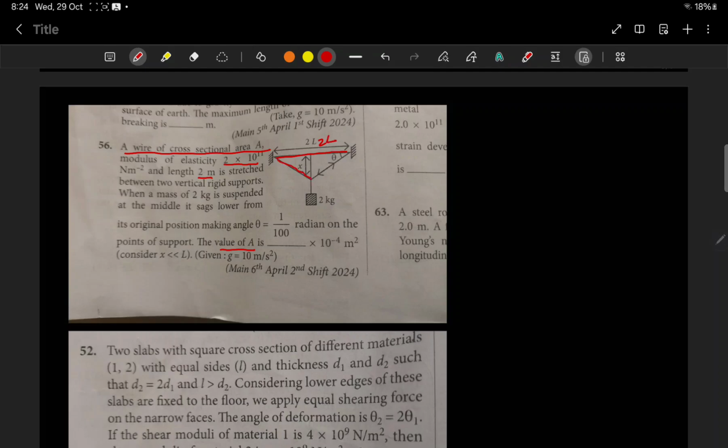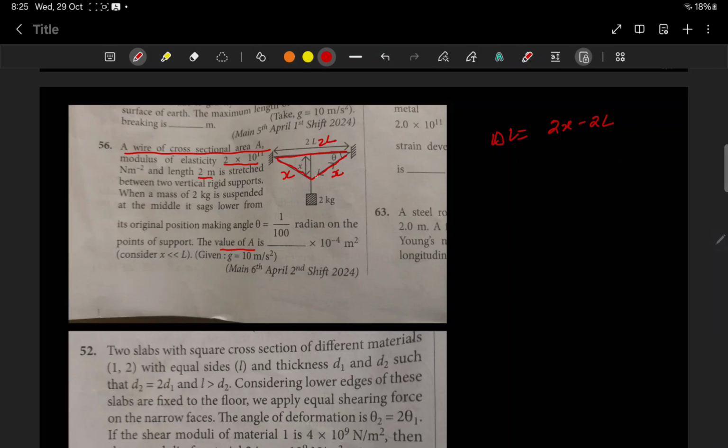If it gets extended up to this level, we have to find this length. So 2x minus 2L is nothing but your del L. First we find what x is.